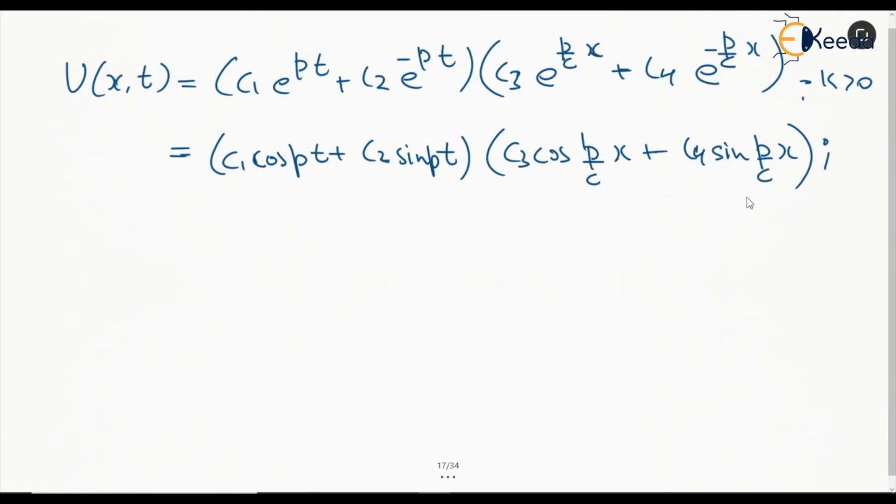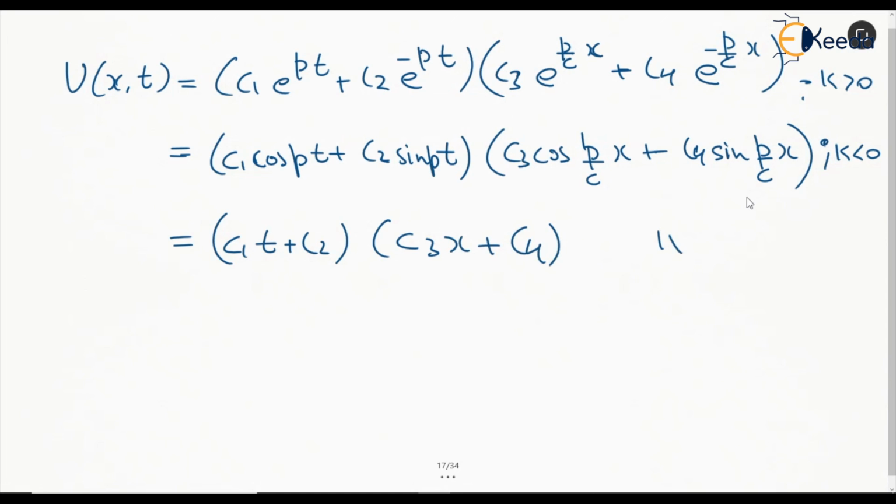This is when k is negative, or else it is going to be simply (c1 t plus c2) into (c3 x plus c4). This is when k is equal to 0. So these are three possible solutions for different values of k, and this is how we have presented this u as X of x into T of t.